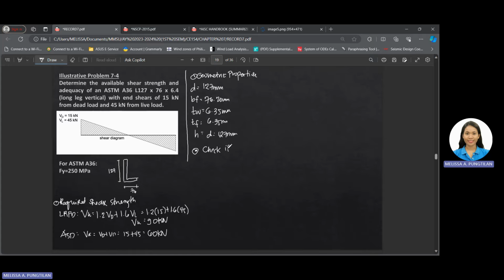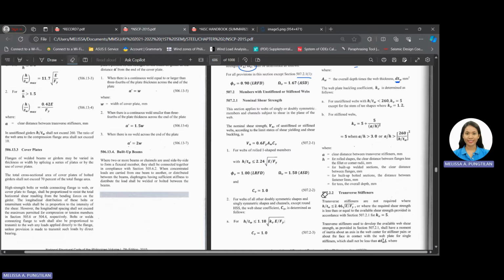needed. So check if transverse stiffeners are needed. Okay. So proceed na tayo dito sa NSCP 507.2.2 and then check natin if this equation will be satisfied para malaman natin if transverse stiffeners are needed or not.